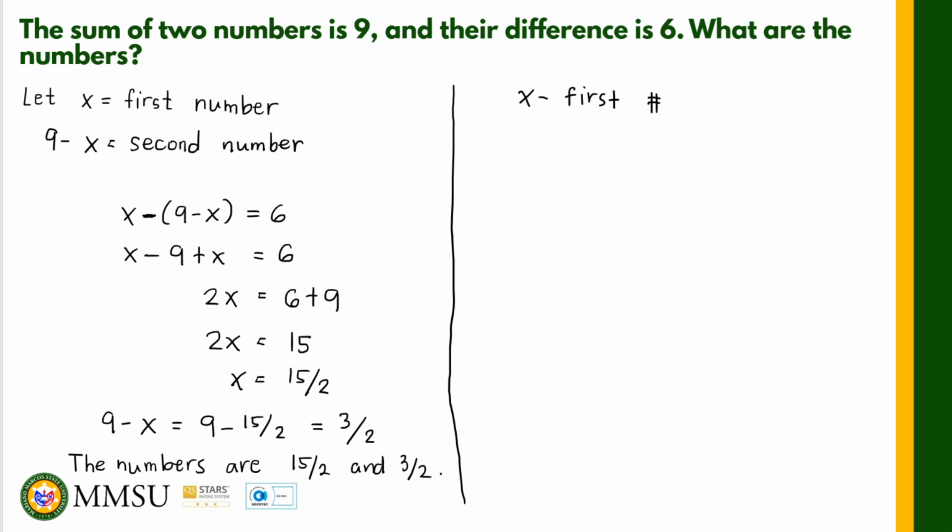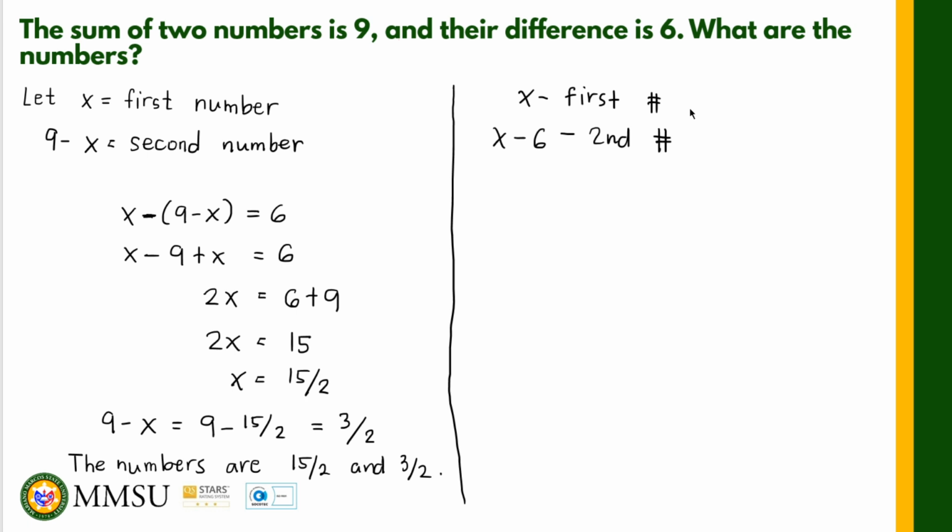Okay, so their difference is 6, so pwedeng x minus 6 for the second number. Kapag x minus 6 itong second number natin, ang sinasabi natin that the second number is less than the first number, tama? Pero pwede ding x plus 6, okay? Kapag x plus 6 yung ginamit natin for this one, ang sinasabi natin that the second number is greater than the first number, okay? Whichever you use, tama lang, okay lang, okay?